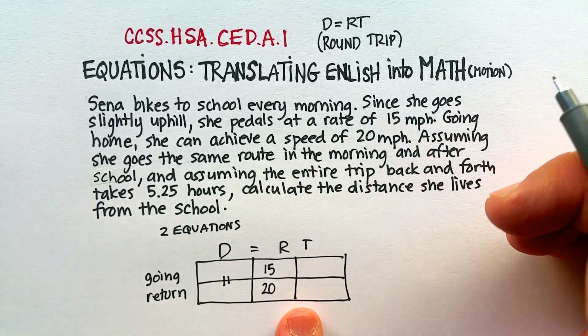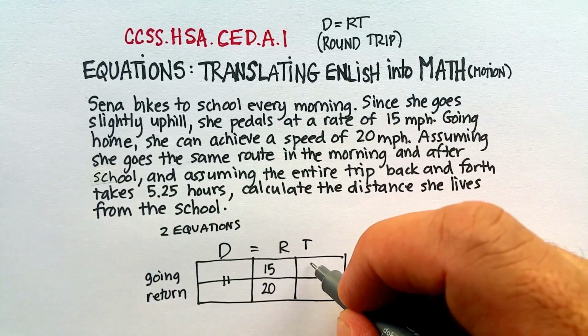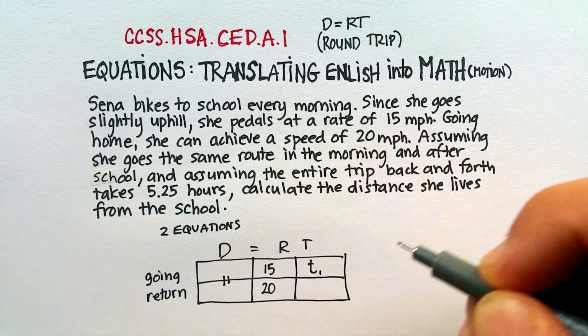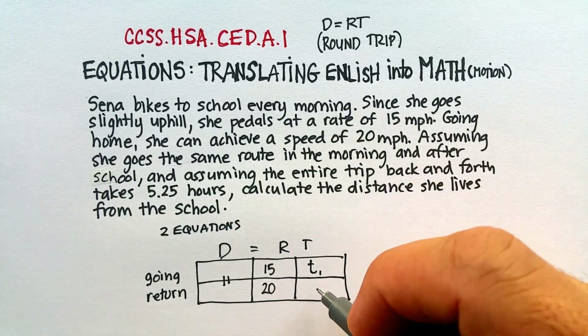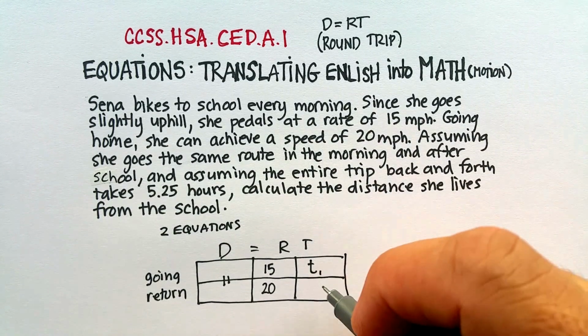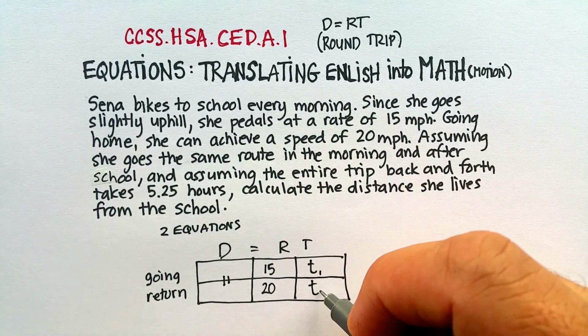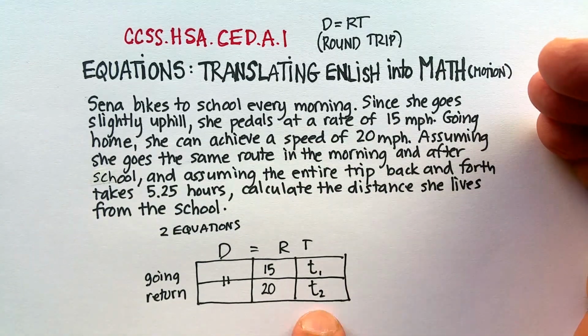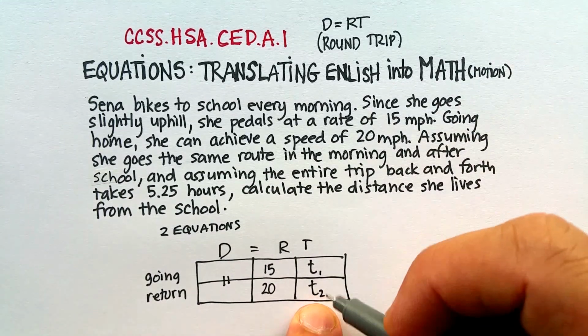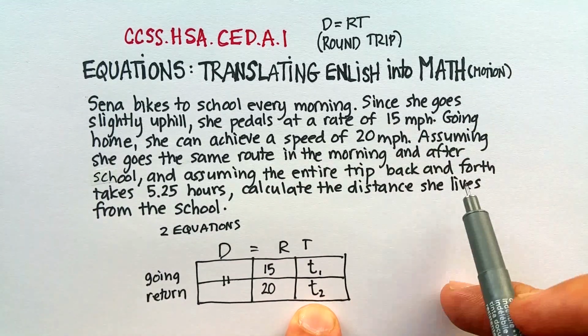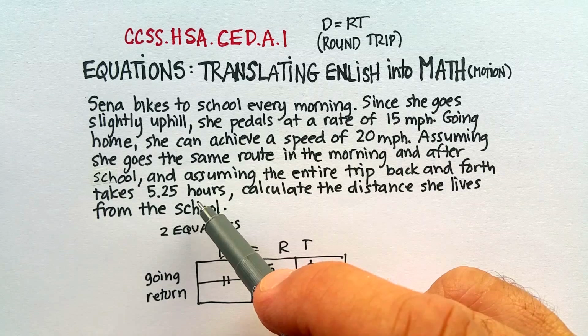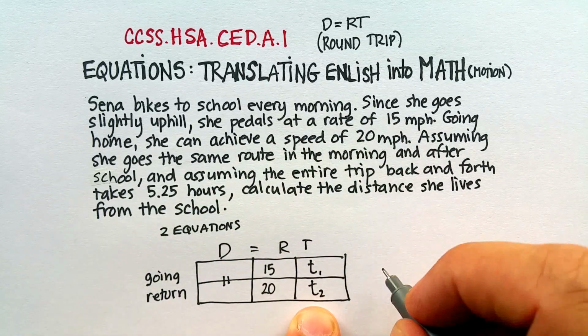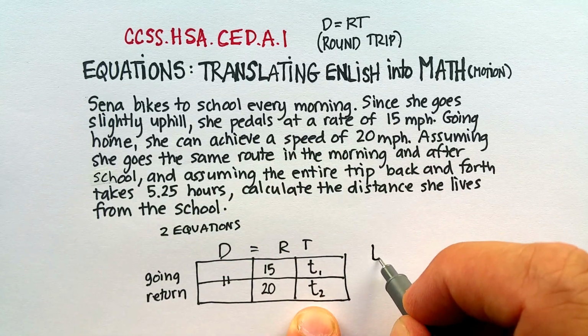Now, we don't know how long it's taking her to go to school, so we'll just call that time sub 1, okay? And returning, we'll call that time sub 2. Now, the only thing that we do know about these two times is that if we add them together, we'll get 5.25 hours. All right, so let's just do that.